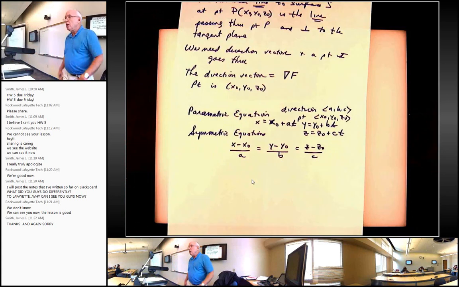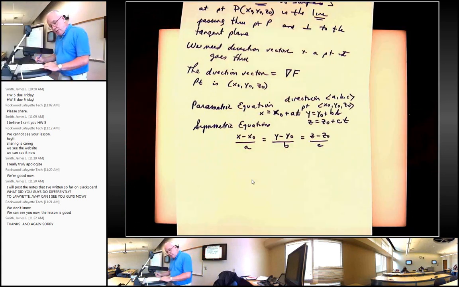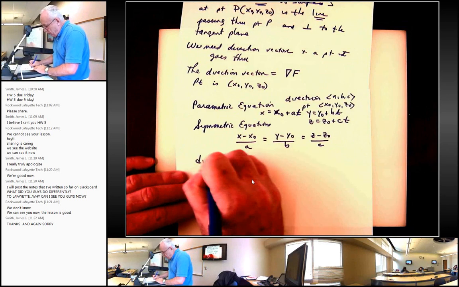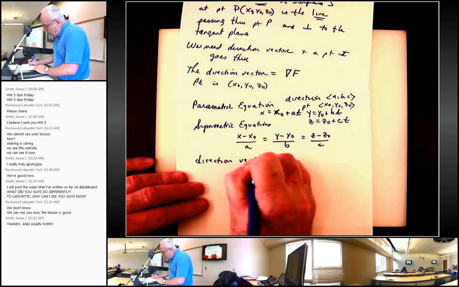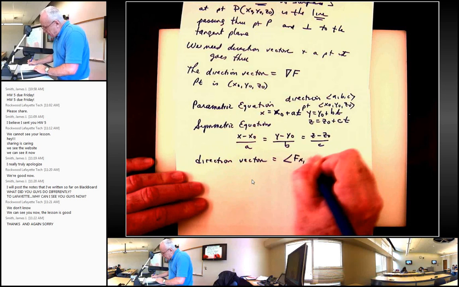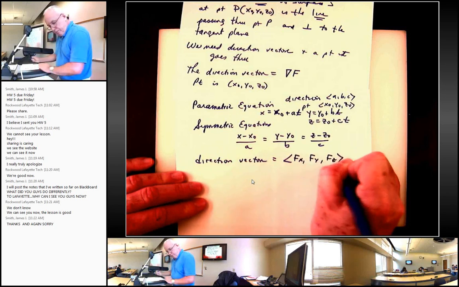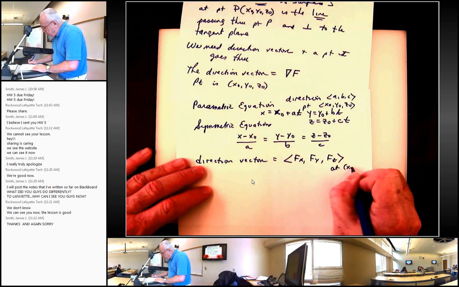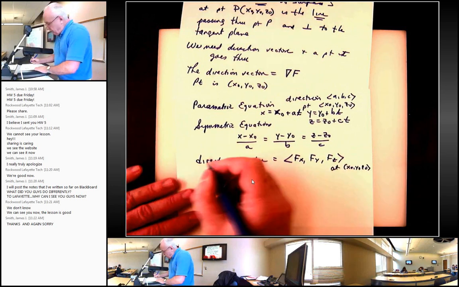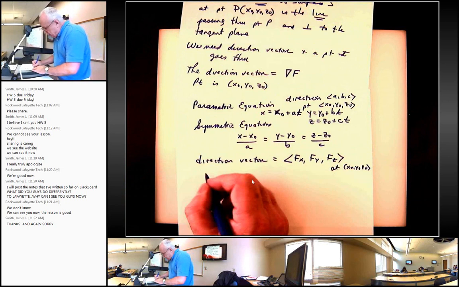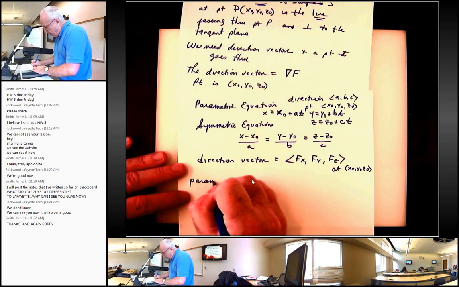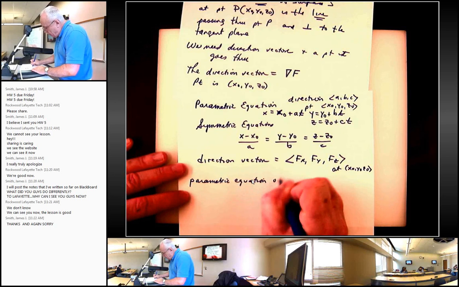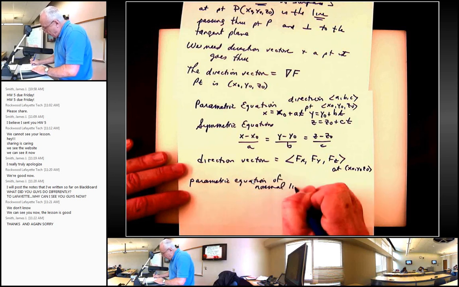Okay, so let's apply that to this particular case, where the direction vector is the gradient. So it's equal to capital Fx, capital Fy, capital Fz at our particular point. Therefore, the parametric equations of the normal line are the following.